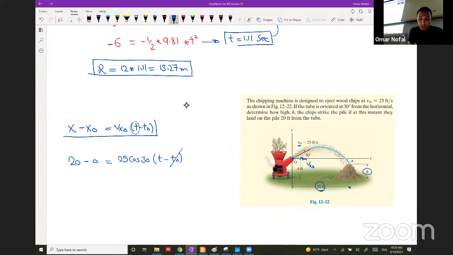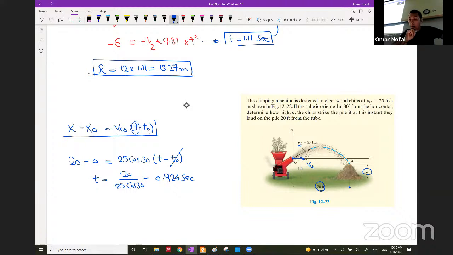So t will be equal to 20 over 25 cosine 30. Solving this gives time equal to 0.924 seconds.